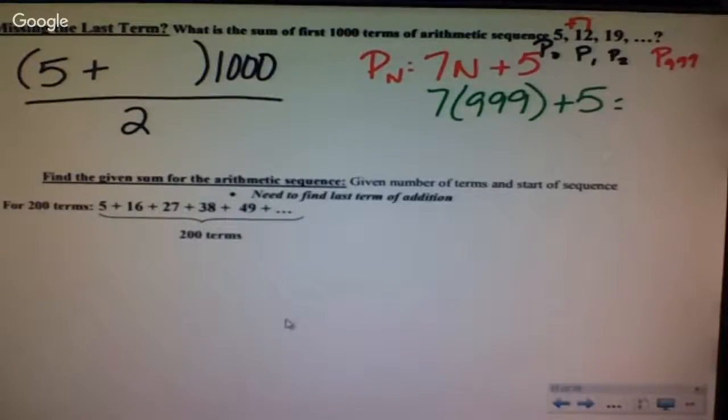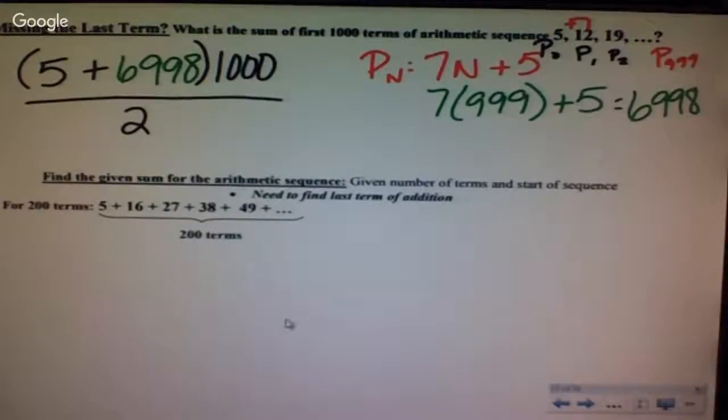6,998. Good. 6,998 is that number. And now you would plug this in to get your final sum.